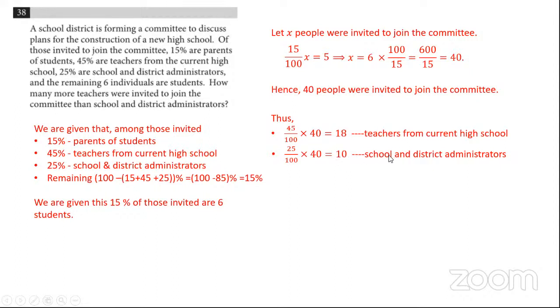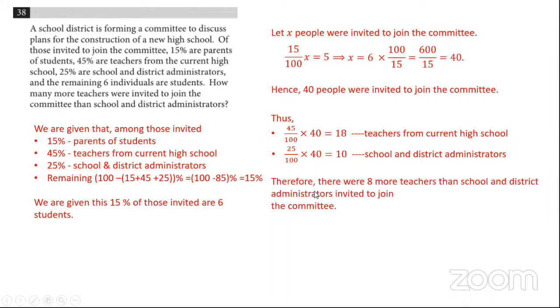So this is the number of school and district administrators invited to join the committee. What we are asked to find is the difference between these two numbers. 18 minus 10 is 8. So 8 more teachers than the school and district administrators were invited to join the committee. So our answer is 8.